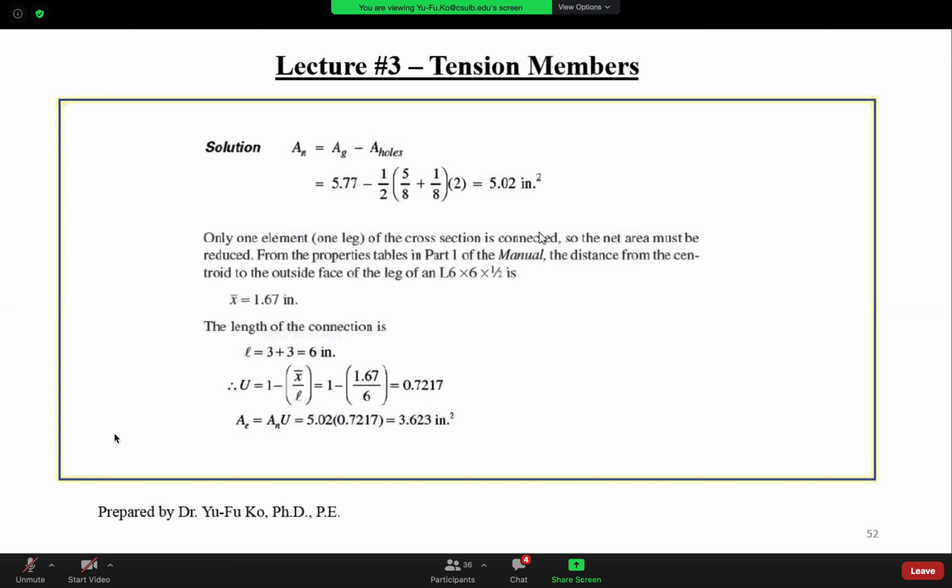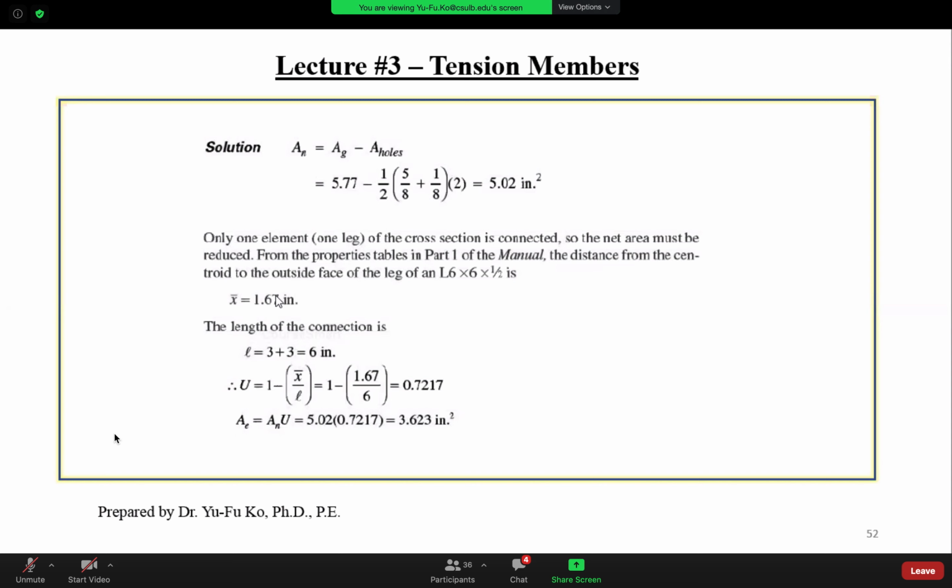Okay. So that's 5.77, and the hole is 5/8 plus 1/8 by the code. You get 2 holes, times the thickness of the angle, you get 5.02. So this is A net.